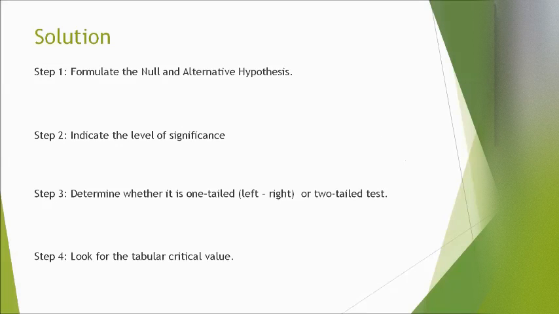Okay, step 1. Formulate the null and alternative hypothesis. Now you should write in symbols. H sub 0: the population mean is equal to 1.525 meters.